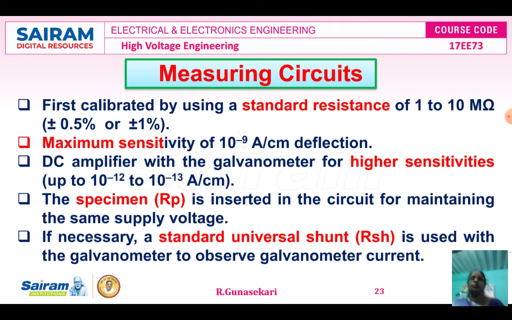The supply voltage is DC, that is 500 to 2000 volt. If needed, a standard universal shunt, denoted by RSH, is used with this galvanometer arrangement for observing the galvanometer current.